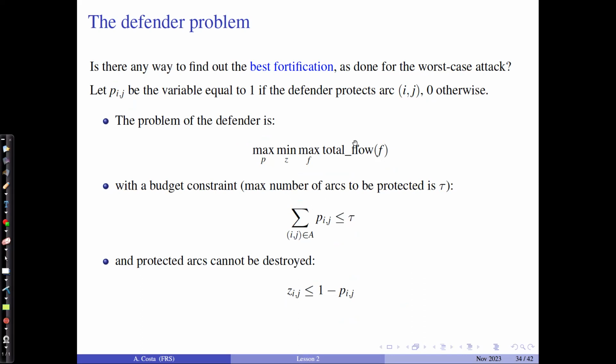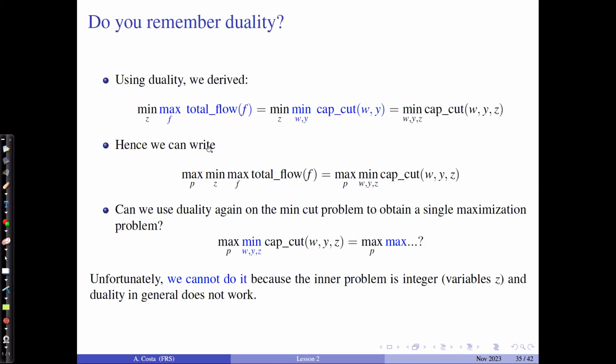So then the point would be, okay, I take all these constraints and variables and I put them in the model, and then I do the same trick, right? So let's start with what we did last time. The max flow was equal to the min cut, and then min-max is a min, a single min.